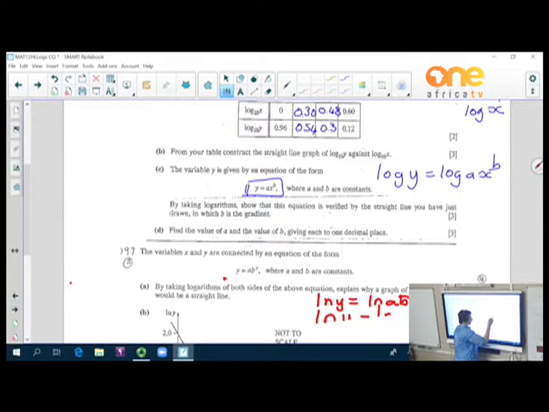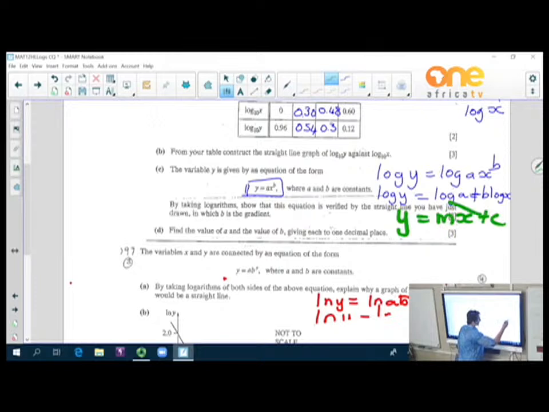What I do on the one side, I do on the other side. And then, because I multiply, I add, so it becomes log A plus B log x, which is then y is equal to mx plus c, indicating which one is which one. That is what you need now to continue.